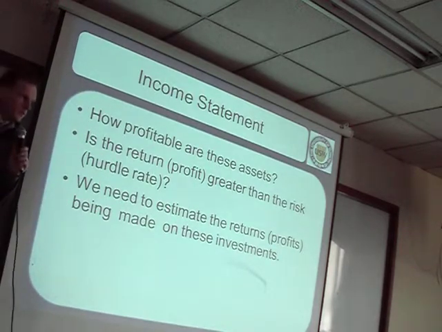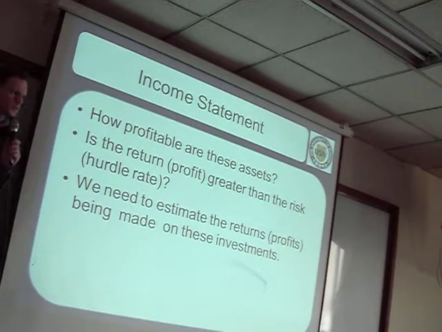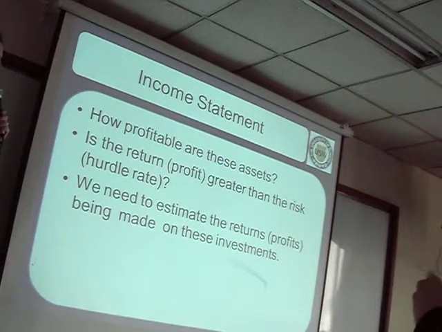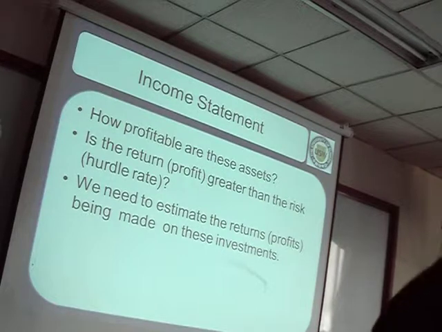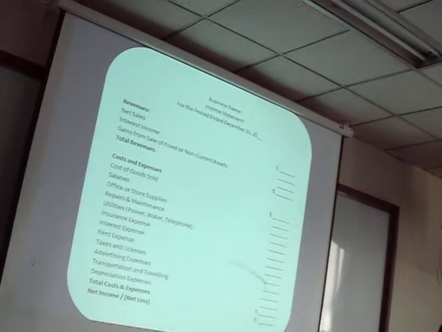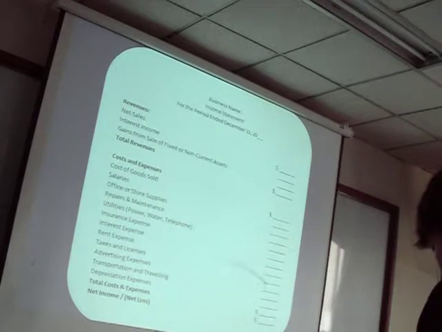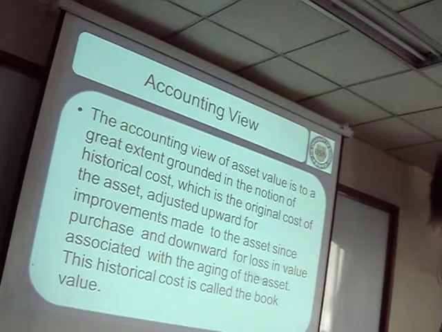Okay, so the last time we were talking about the financial statements. So today we're going to continue talking about the financial statements. So we talked about the balance sheet and the income statement.